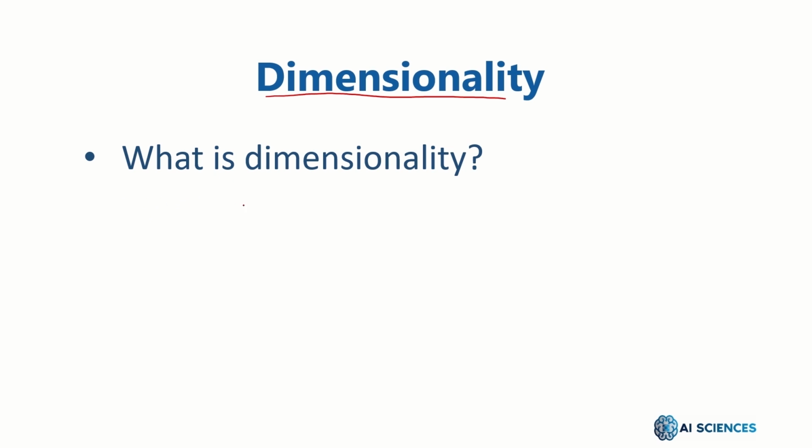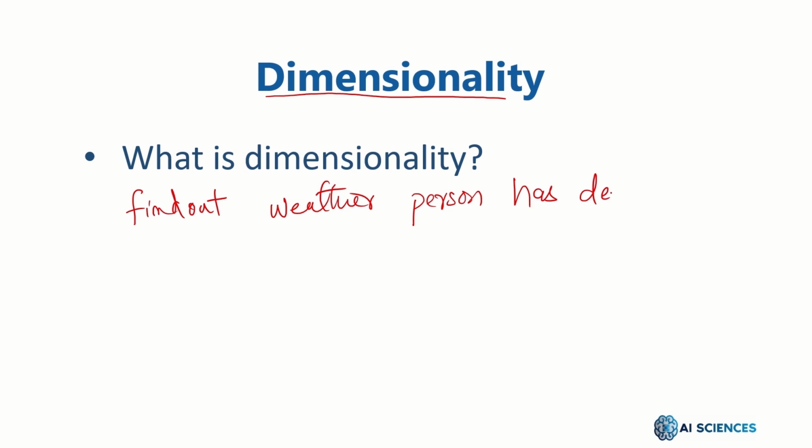Assume that your task is to find out whether a particular person has a particular disease or not. Let's say the particular person has disease of type A or not.